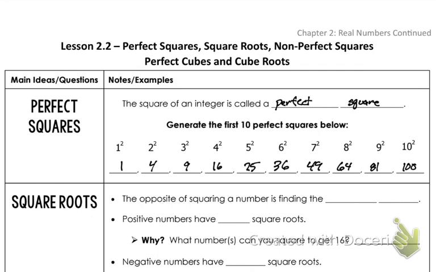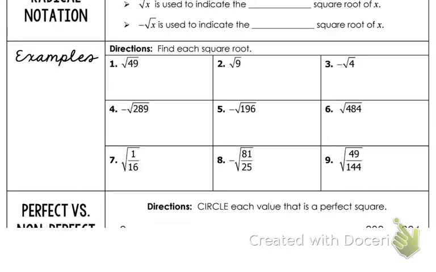Square roots do the opposite. You start with 49, and the square root is actually going to be 7. So the square root of 49 equals 7 because 7 squared equals 49.